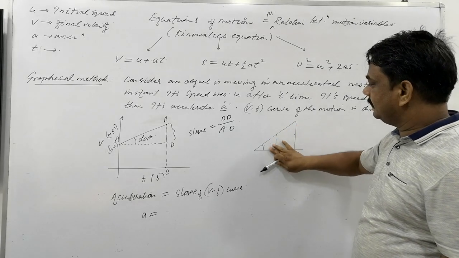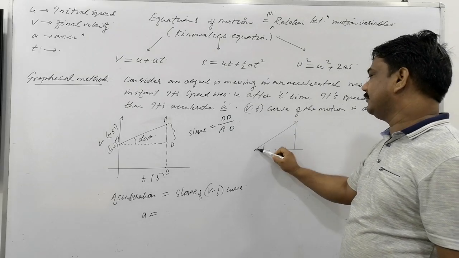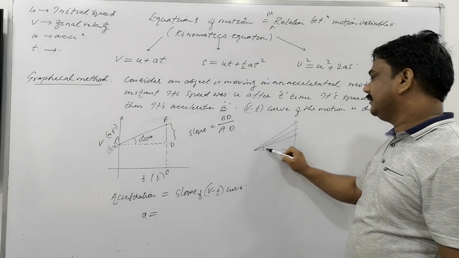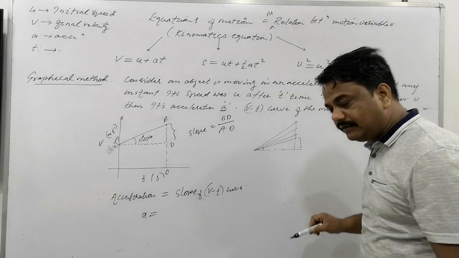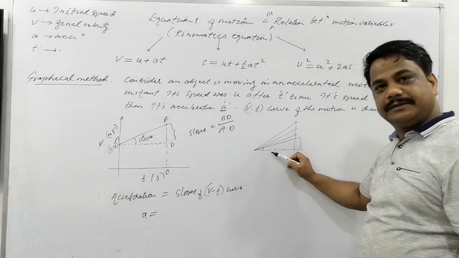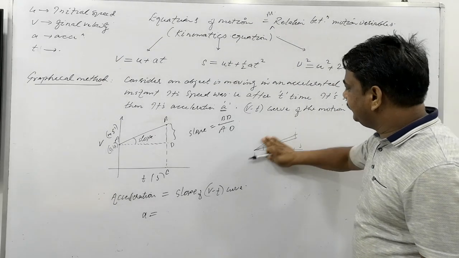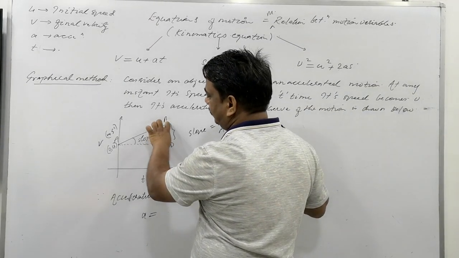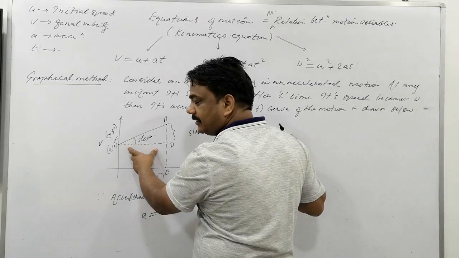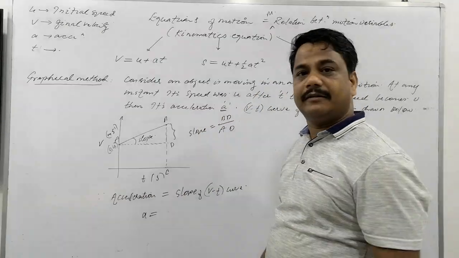I'm telling this again: here the slope is decreasing. It means this side, the perpendicular, is decreasing, so the slope is decreasing, with a constant base. Clear? So the length of the perpendicular with the base is called the slope. The slope is perpendicular upon base.